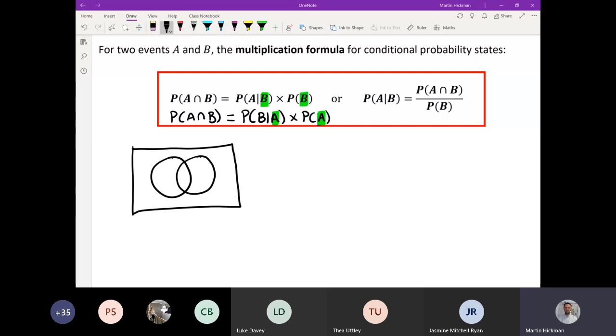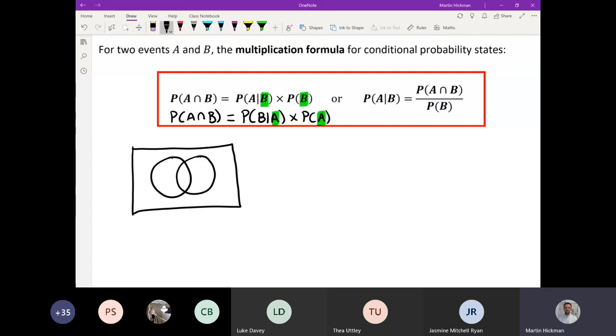There are a couple of things that you've got to be careful with here. The probability of A and B is the same as the probability of B and A, so I can change those letters around. What I have to be very careful with, though, is that generally speaking, the probability of A given B does not equal the probability of B given A. Occasionally it will, but it's definitely not always the case.